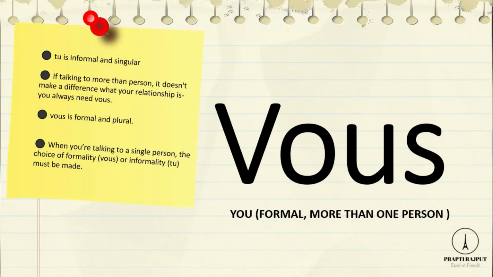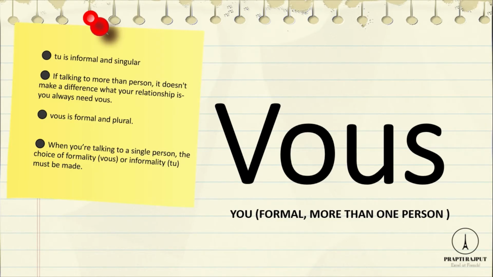Vous means you and this vous is used for formal cases where we are talking to our teachers, our parents. It's also used for more than one person. So if you are talking to many persons, you may use the word vous to address them as you.